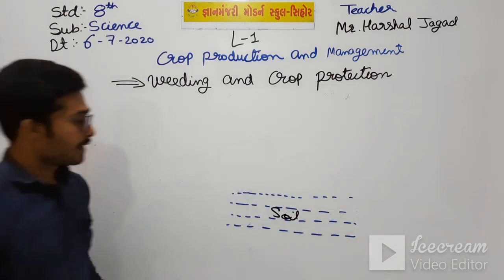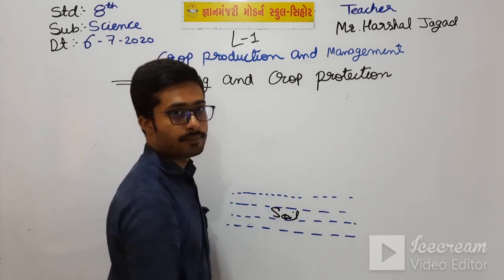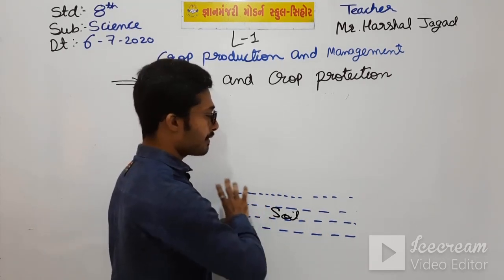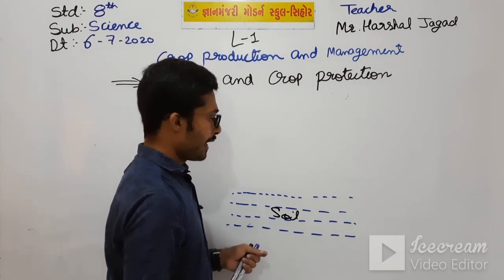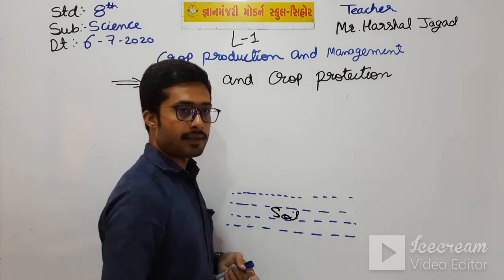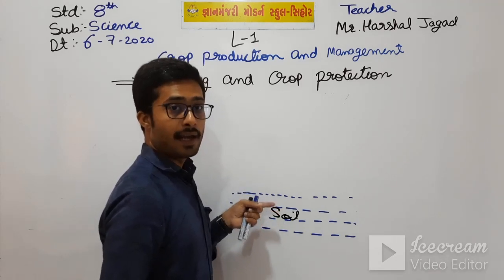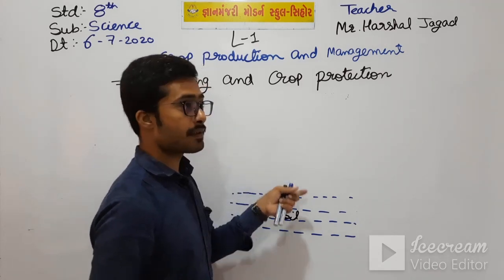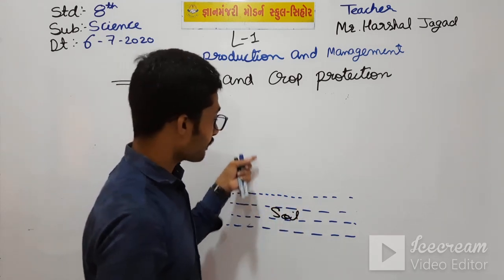Here first the soil is ploughed and then it is leveled. Then fertilizers are added and then the seed is sowed using seed drills.